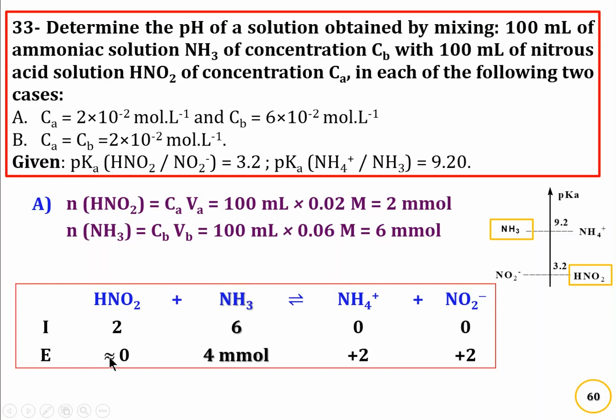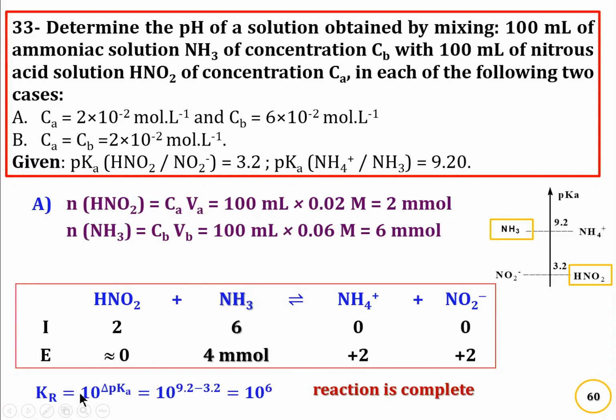So the number of moles of HNO2 at equilibrium is around 0. We have traces of HNO2. And that of ammonia is 6 minus 2, so we have 4 millimoles, and 2 millimoles NH4 plus and 2 millimoles of NO2 minus.